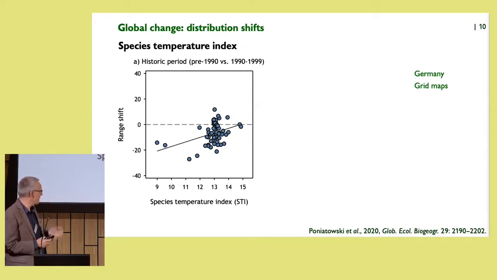Species with a high temperature index suffered less from range losses in the historic period than species that are adapted to cooler climates.